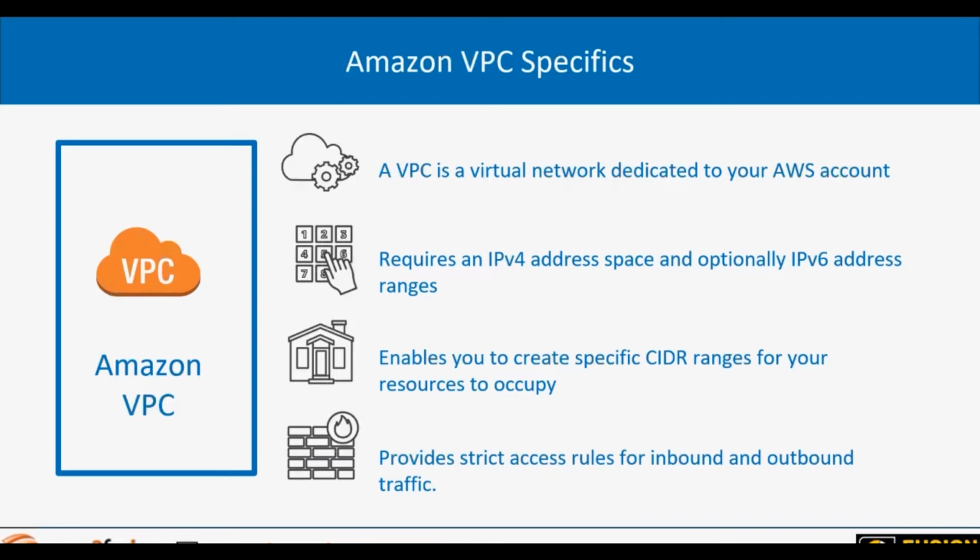You can tell them who should be allowed and who should not. Same way in a VPC, you can restrict the inbound and outbound traffic by creating rules, which we will see in the upcoming slides.